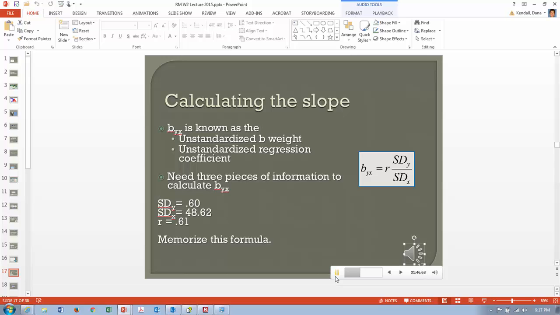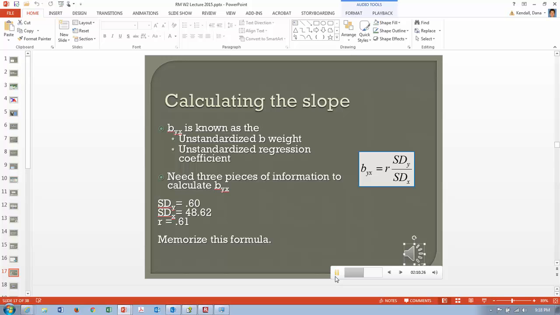We would want standardized beta weights, as we call them, to be able to compare across studies. With these raw b weights, unstandardized, we can't compare them across studies, but the beta weights we can. But for now, for calculating the slope, let's stick with the unstandardized.